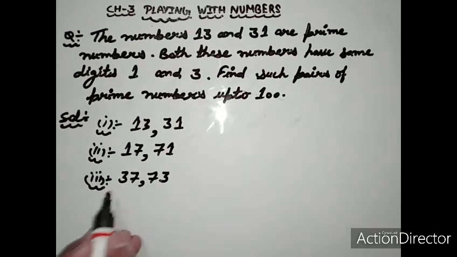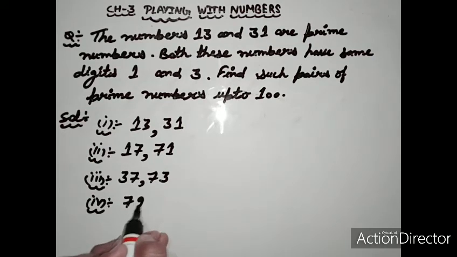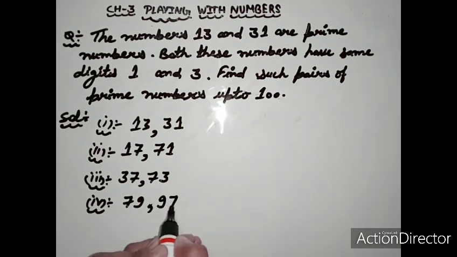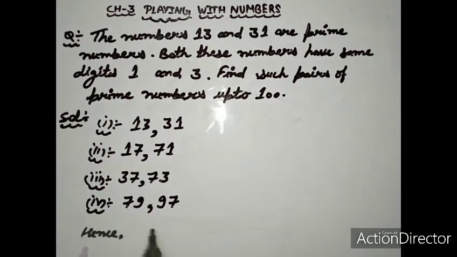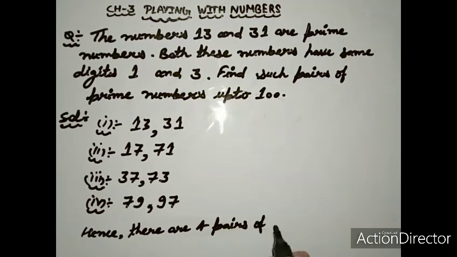These two numbers also have the same digits, 3 and 7. Now the fourth pair, 79 and 97, and these two numbers also have the same digits, 7 and 9. So here we write, hence, there are 4 pairs of such type.